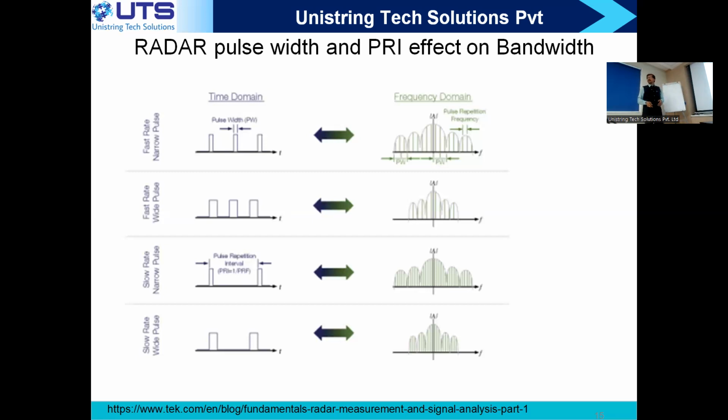You studied in your noise subject that noise in a system is proportional to the bandwidth, isn't it? KTB. If B, the bandwidth of the system, is higher, the noise is higher. So when you want to get the advantages of time domain improvements, you have to compromise in frequency. Similarly, when you want to get an advantage in frequency, there are a lot of deeper things about the PRF, but I'll not talk about them.